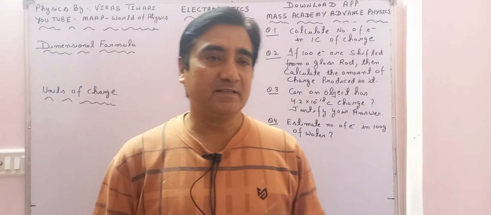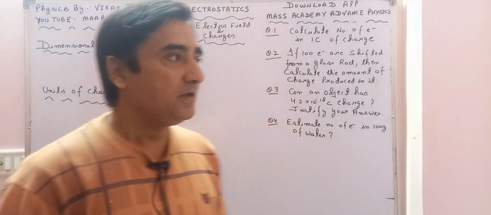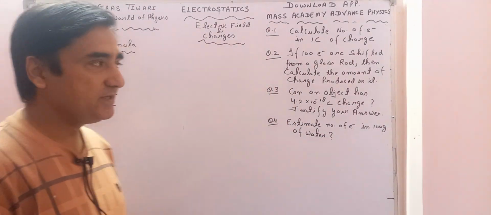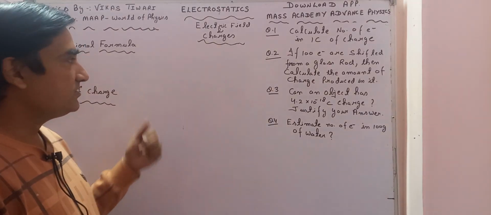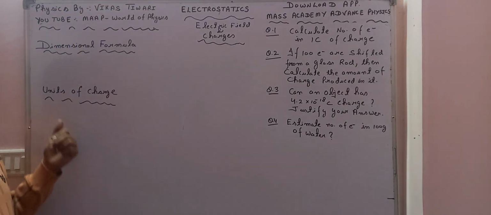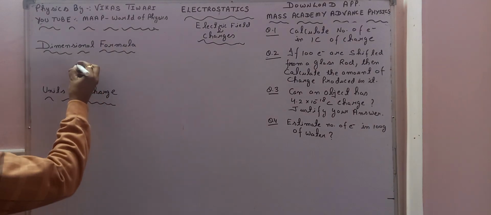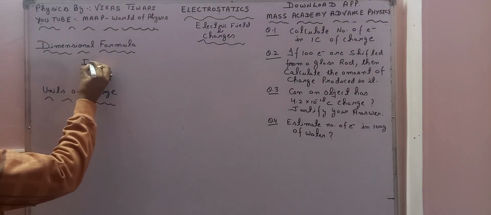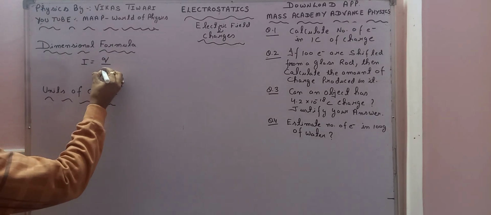In that context, I am moving further with some more things that I want to discuss. So let us go with the dimensional formula for charge. What is current? Electric current is defined as charge per unit time.